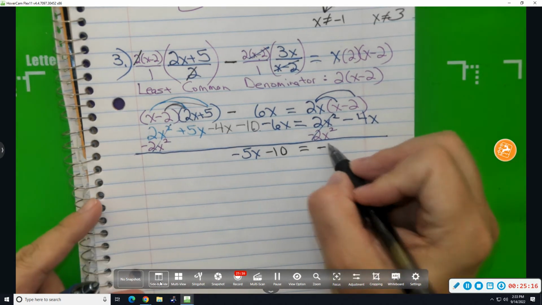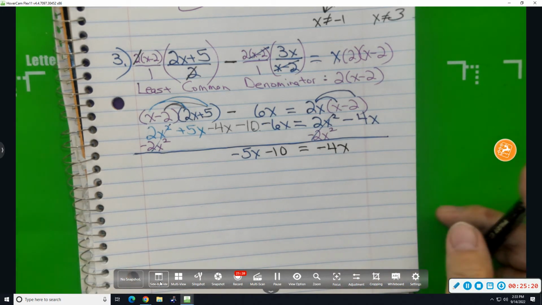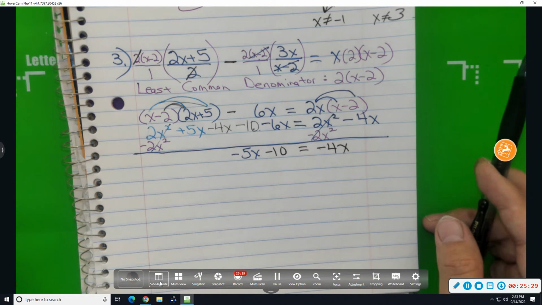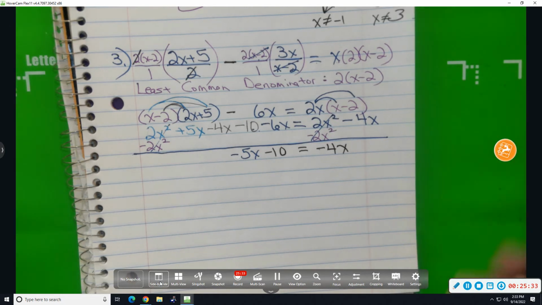Okay. This is a linear equation. We need to get all the x terms on the same side and then divide by the coefficient. Yeah, we could do that, but then we'd have to move this negative 10 over to the right. It might be quicker if we move the 5x over here by adding 5x.